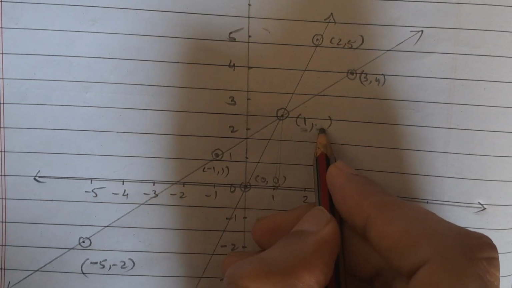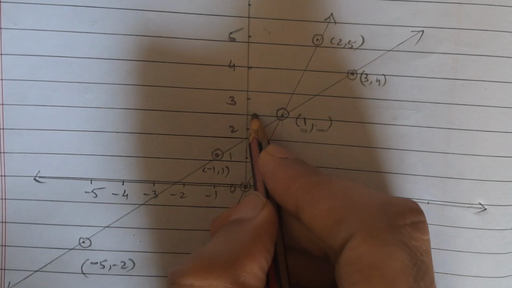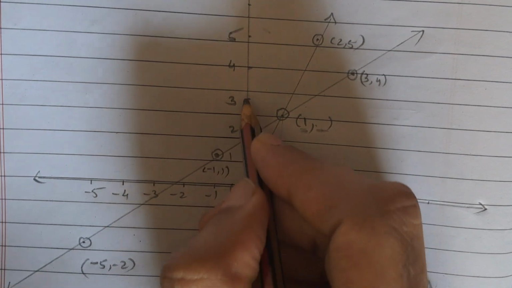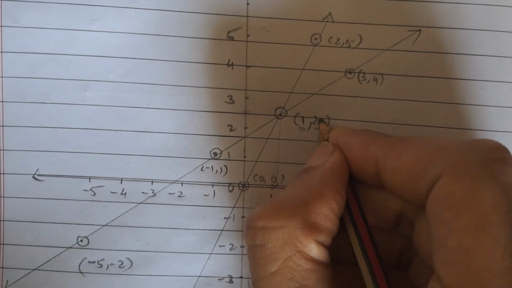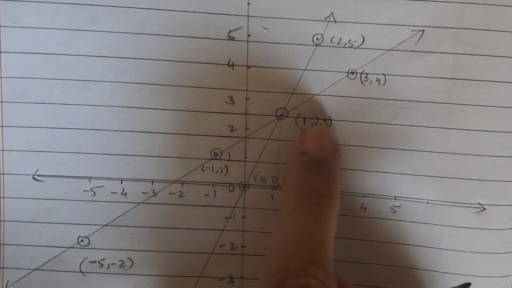Then in order to identify the next value, on the y-axis see which number is representing this point. If I look at this point, it is something between 2 and 3. Between 2 and 3 means it is 2.5, isn't it? So I have the value for this point: it is 1 and 2.5.